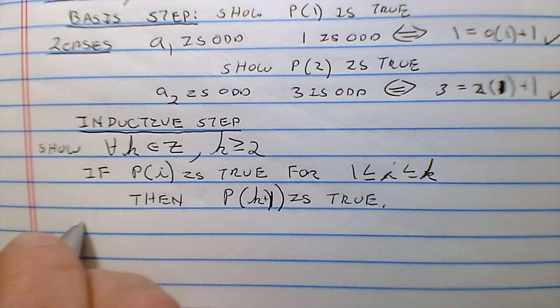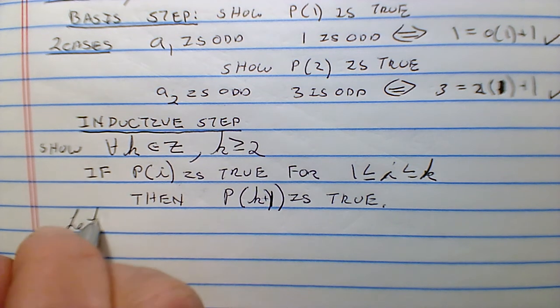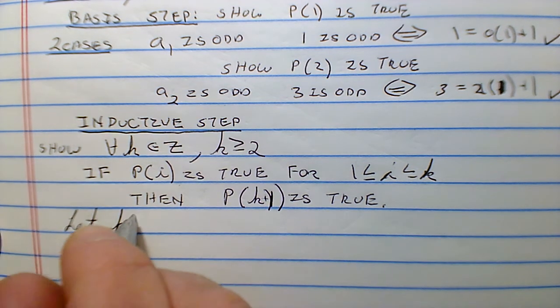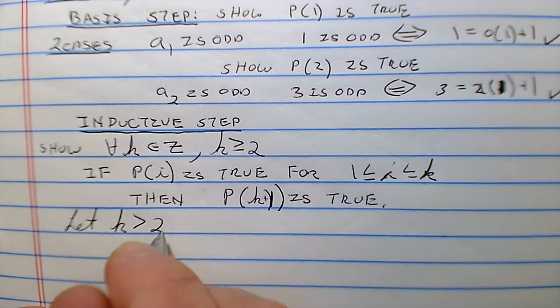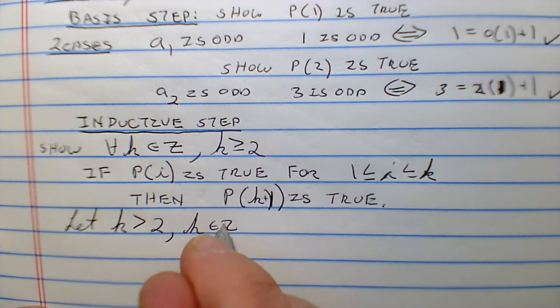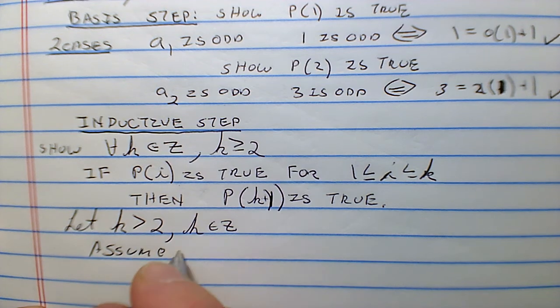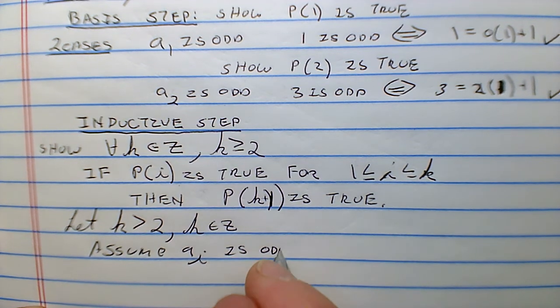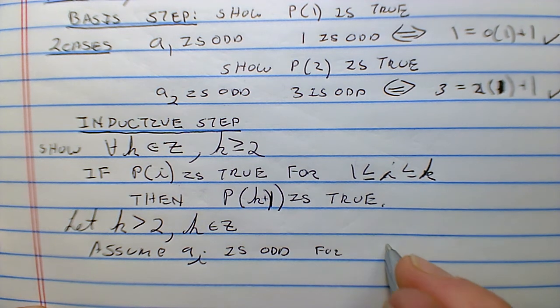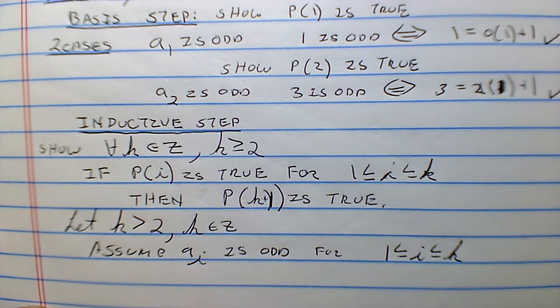Alright, so what are we going to have to do here? We're going to have to let k be greater than 2, k being an integer, and we are going to assume that a sub i is odd for all of the ones starting at 1 going up through k.